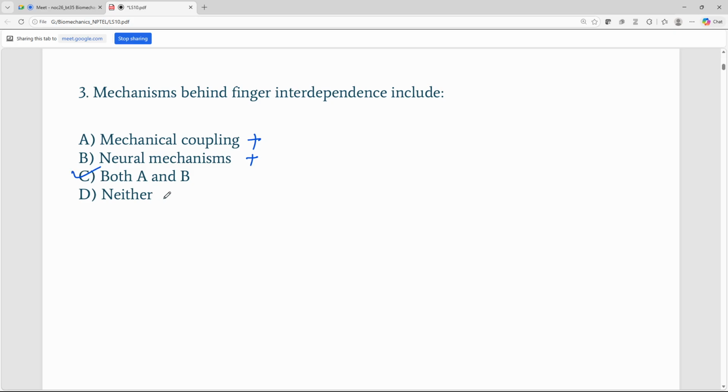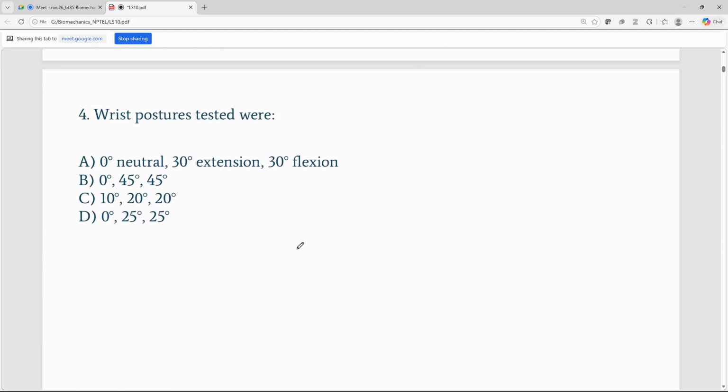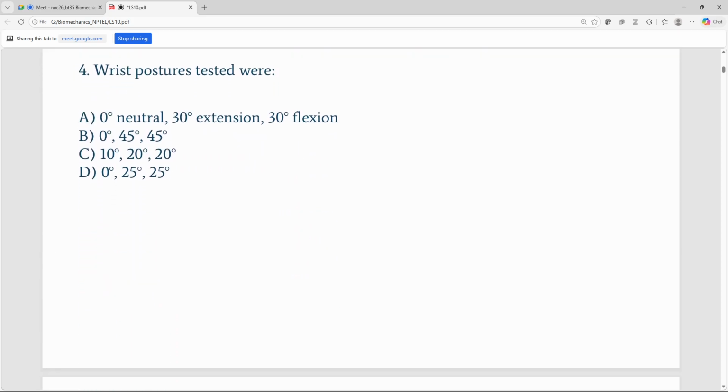So our answer is option C, both options A and B. Both tendon linkage, that's the mechanical coupling, and the neural control contribute to the finger interdependence. Next question.